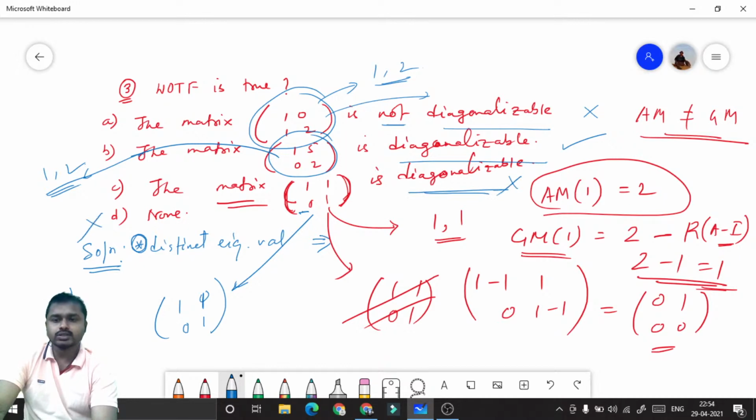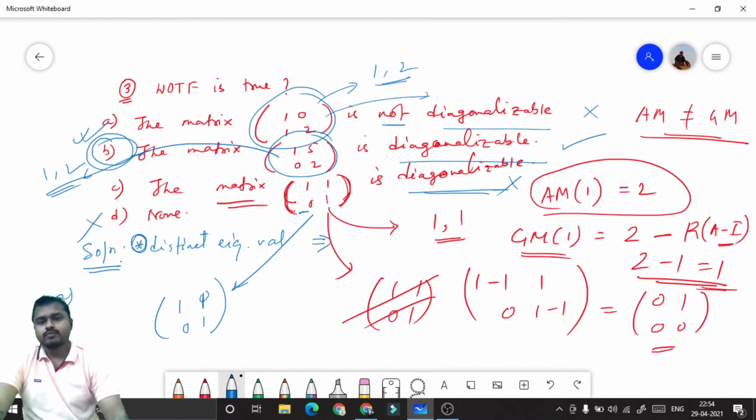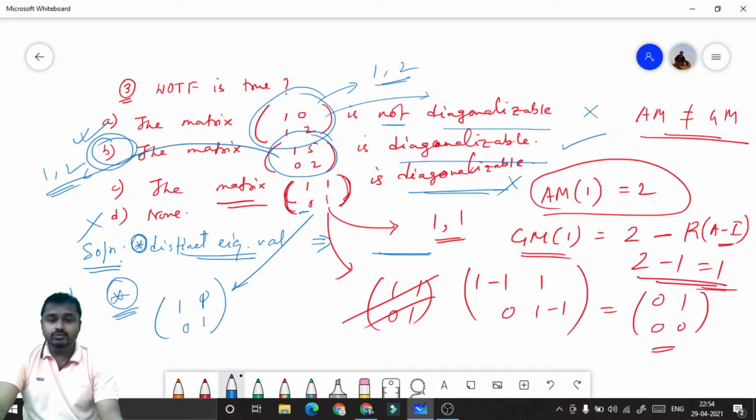Obviously, D is false because option B is already true. So from here we have two concepts: distinct eigenvalues immediately imply diagonalizability, and the second one, if the eigenvalues are not distinct, then we have to check whether AM equals GM holds or not.